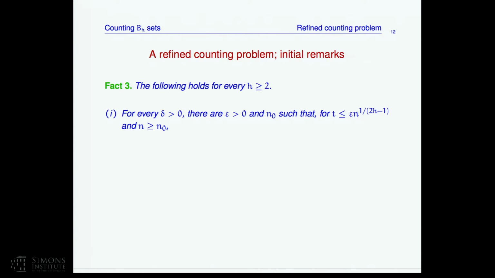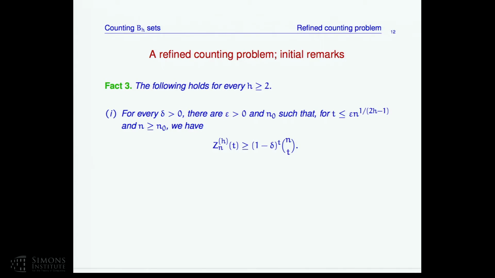This exponent of n, this 1 over 2h minus 1, will show up quite a bit now. This is some critical point or critical exponent for this thing. So in this Regime 1, I'm interested in the case in which t is not so big. It says epsilon times this power of n.